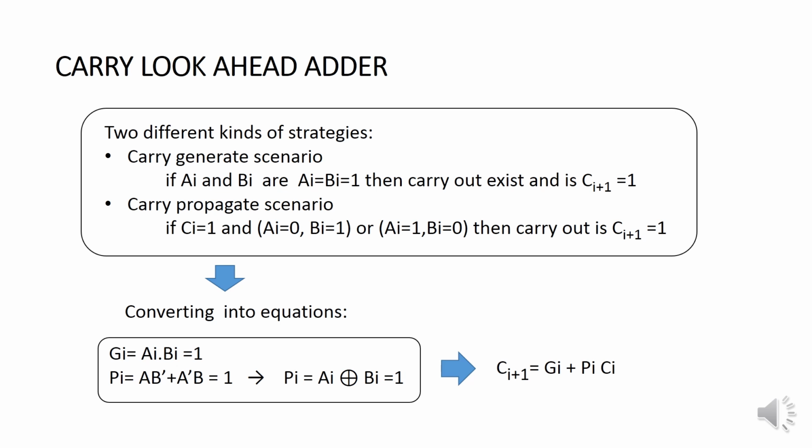From the carry generate scenario, we can say at least one thing: if A and B is equal to 1, then the carry out is 1. And from the carry propagate scenario, we can say that if the carry in is 1 and A is 0 and B is 1, or A is 1 and B is 0, then the carry out is always 1.